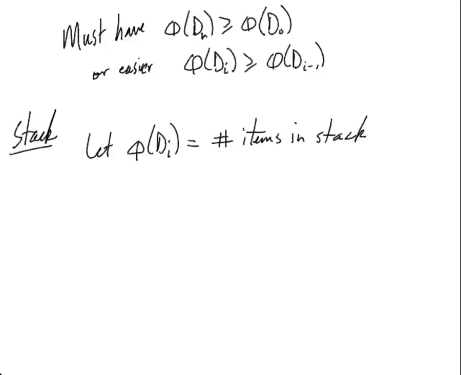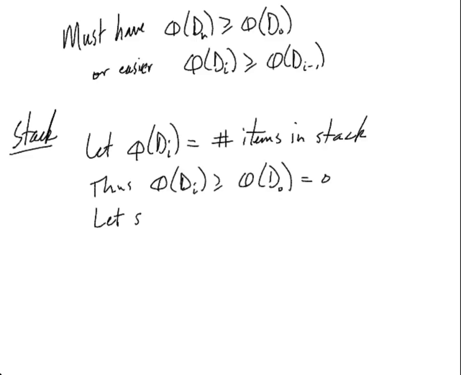Thus, the potential at any state D sub I is greater than or equal to the original state, if the original state is empty. Okay, so our potential function is the number of items in the stack, and we're also going to say that S is the number of items in the stack.